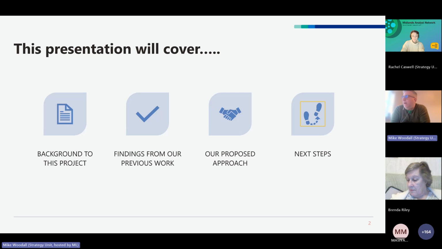So are we focusing on the right things? Do we need to add in other elements? And are there things that you've done locally that you could feed in, best practice examples that you'd be willing to share and that we can build into this guidance? So that's what we're going to talk about.